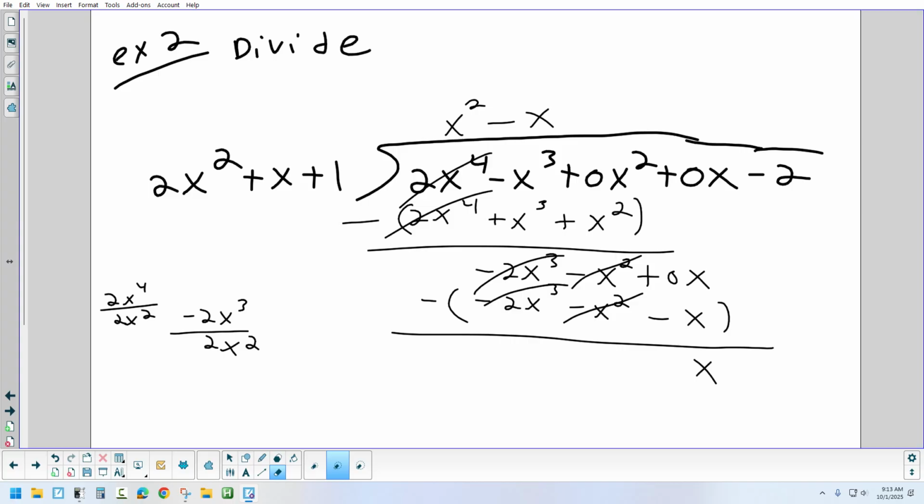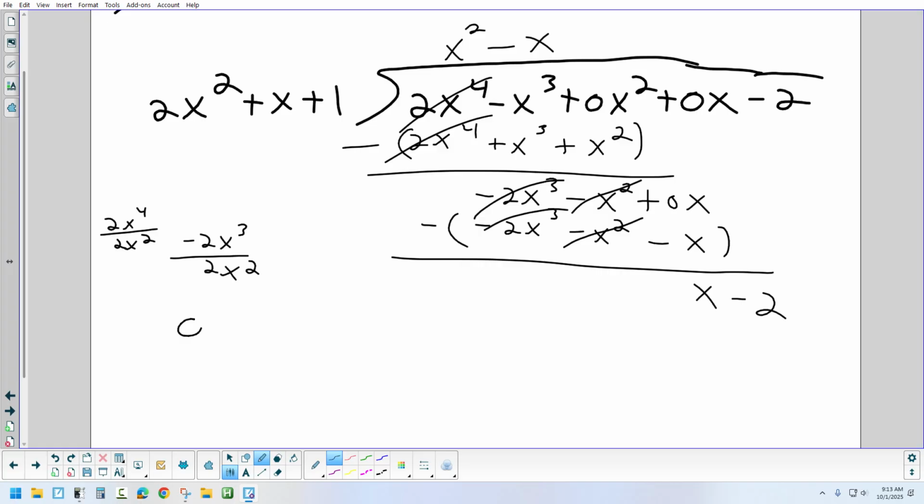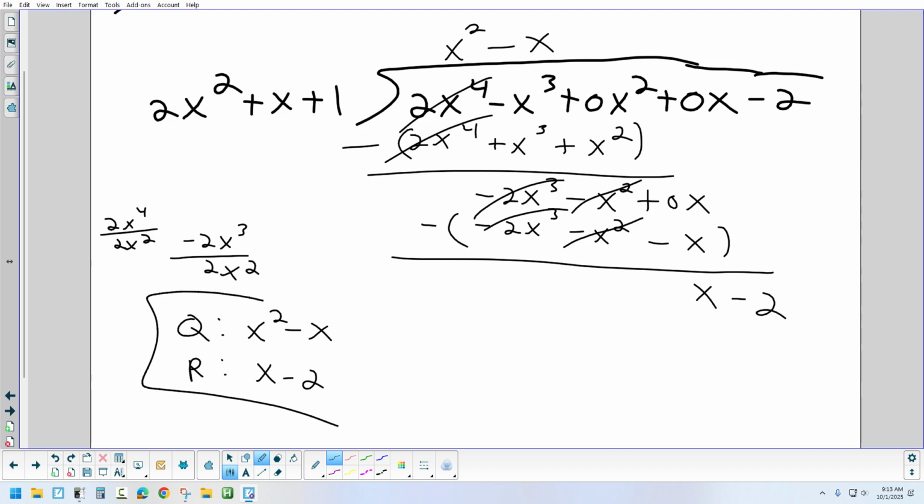We can't do any more because you can't divide 2x squared into the x, because the exponent on the x is smaller. So just bring down your 2. That's your remainder. So the quotient in this case is x squared minus x, remainder x minus 2.